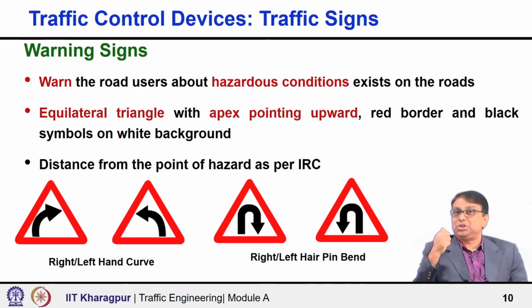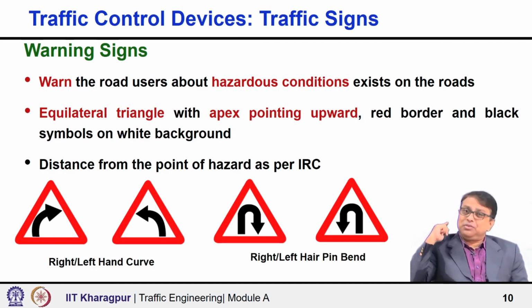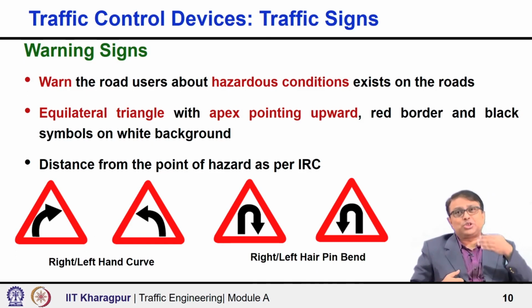Remember that if there are such unexpected things which you feel drivers should be warned about, then they should be warned in advance, not at the location where the sharp bend is. Or if there is a speed breaker, it should be informed in advance, not installed next to the speed breaker.